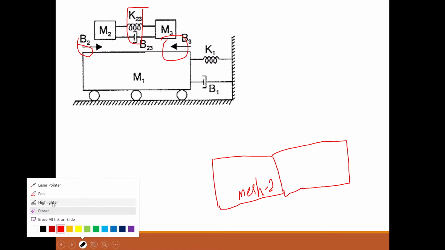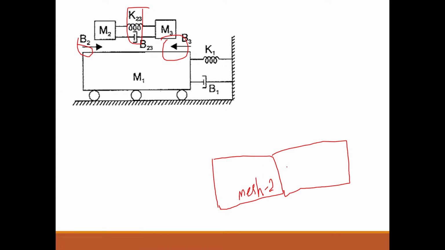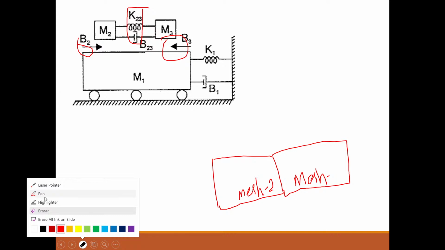Mass 2 and mass 3 have common elements. I have considered mesh 2 as mass 2, and I am drawing mesh 3 as mass 3. My cursor is very sensitive and it won't listen to me.